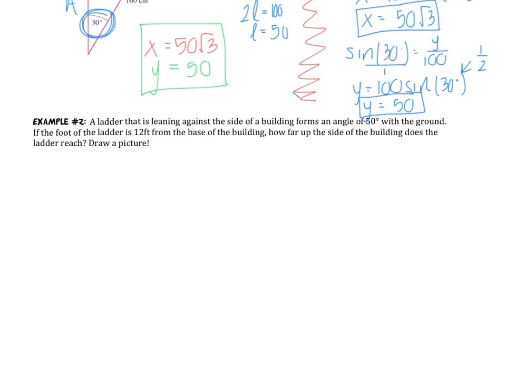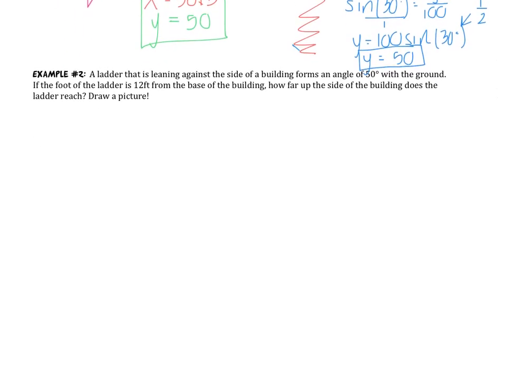Then we're back to some application problems. We've done these before. So stuff with a ladder leaning up against a building. Always know that these are going to be right angles. And it says a ladder is leaning against the side of a building, forms an angle of 50 degrees. So that's down here with the ground.